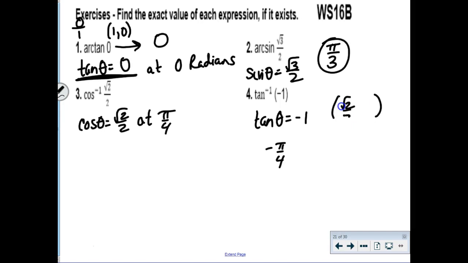It's square root of 2 over 2, comma, negative square root of 2 over 2. So if you did sine over cosine, they would reduce to negative 1. And did you notice how she told me negative pi over 4 and not 7 pi over 4? 7 pi over 4 would be incorrect because arctan is not defined at 7 pi over 4. I know that's really confusing because you're like, but it's the same spot. It's technically not, because of the definition for the function.